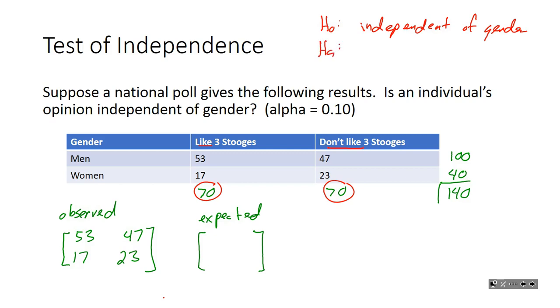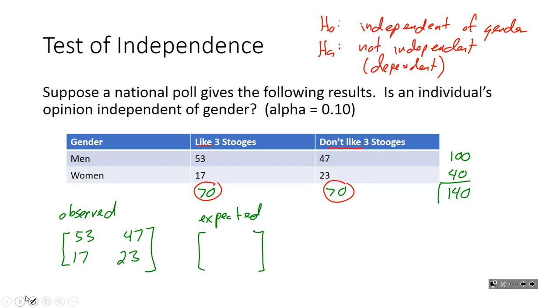And then the alternate hypothesis will be not independent. Think of the word not as being like a not equal to sign, and just like every other test we've done, the alternative hypothesis never has the equal sign. Not independent would mean dependent.